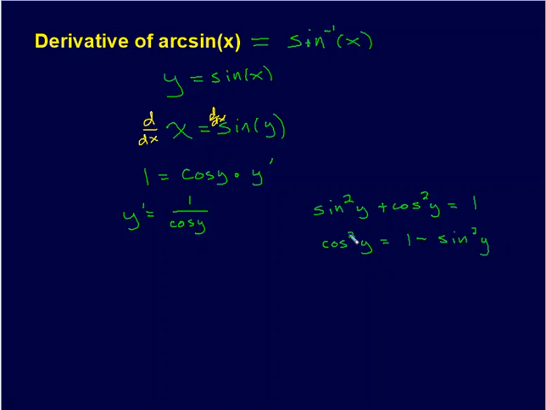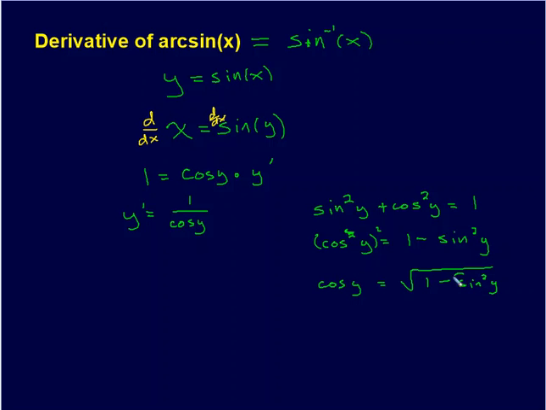And then, since this is really the cosine of y squared, cosine of y would be the square root of 1 minus sine squared y. And so I could take this and plop it in over here, but the expression would still be in terms of y. So I would like to improve on this one further. And remember that the original equation we started with was x equals the sine of y.